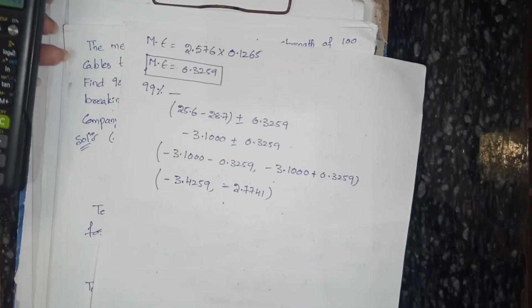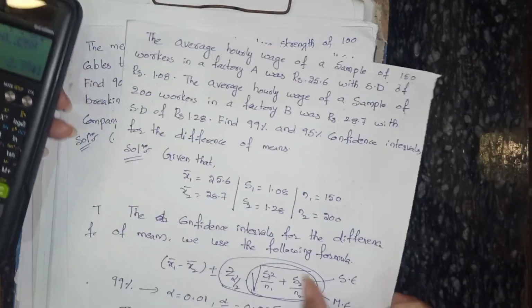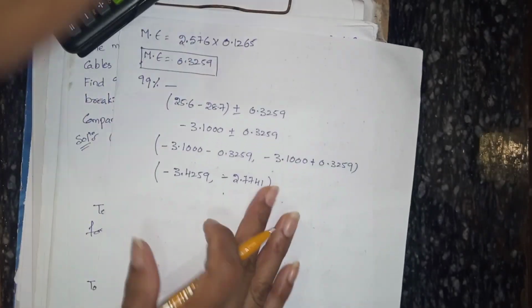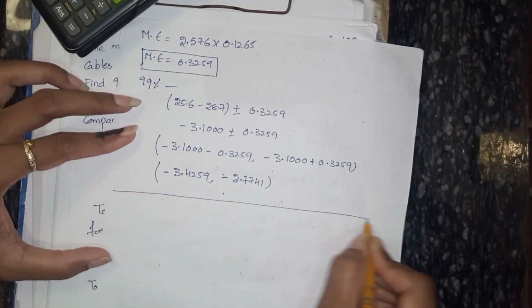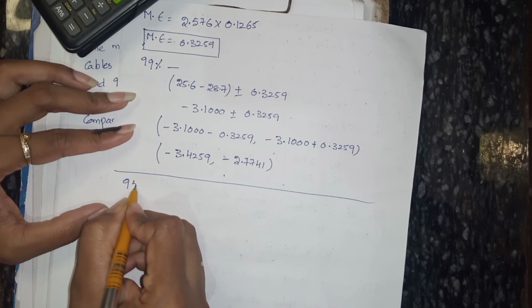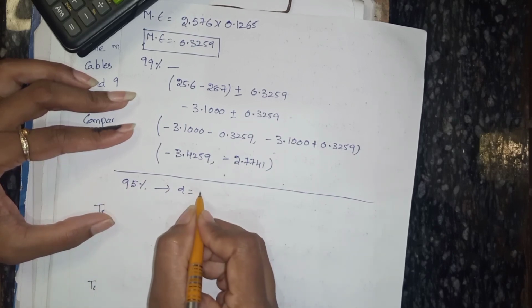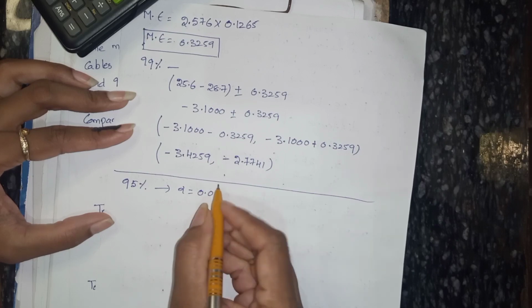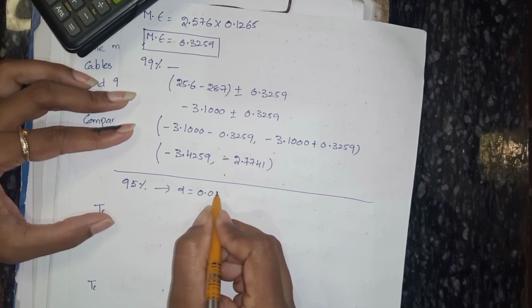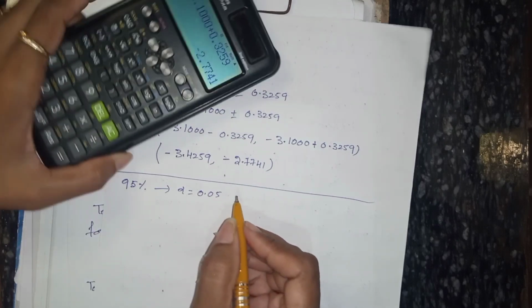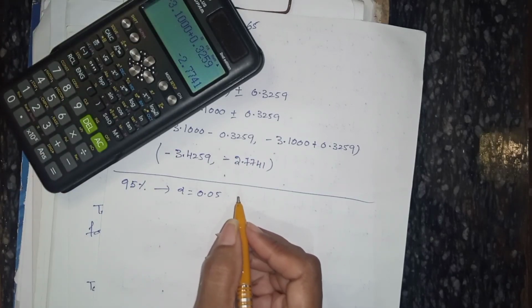Again, they asked us to find the 95% confidence limits also. 95% means the alpha value equals 0.05, that is 5%.